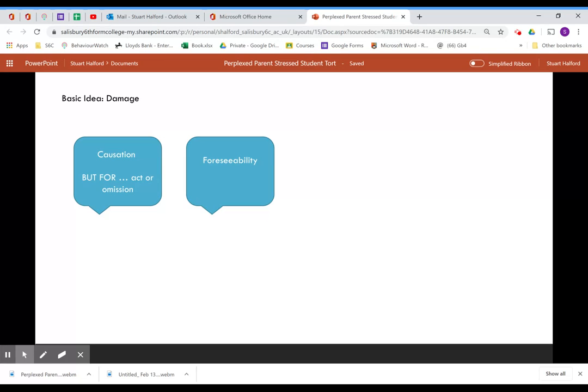And the more foreseeable it was, the more likely it is that a duty of care was owed. The other thing to consider is just because the victim had some kind of special characteristics and was maybe more vulnerable to harm than the average person, you cannot use that as a defence. That's called the eggshell skull rule, or you take the victim as you find them.